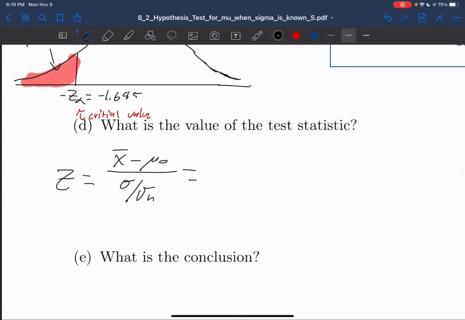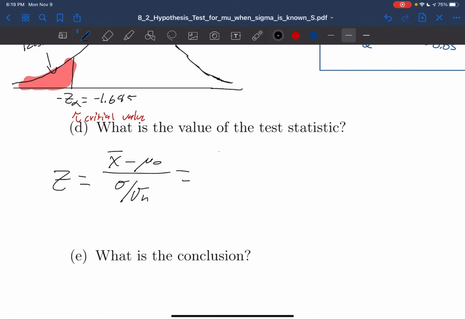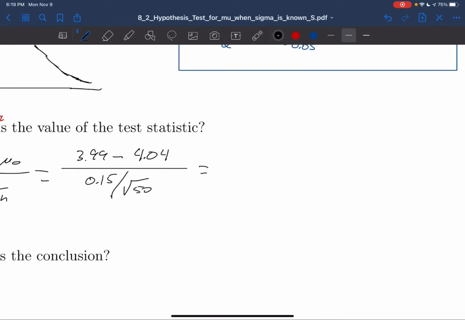So this is going to be equal to 3.99 minus 4.04 divided by 0.15 divided by square root of 50. And if you plug this in your calculator, this is going to be equal to negative 2.3570. And you can round this to 2 decimal places, negative 2.36. So we look at the number next to it and round up.